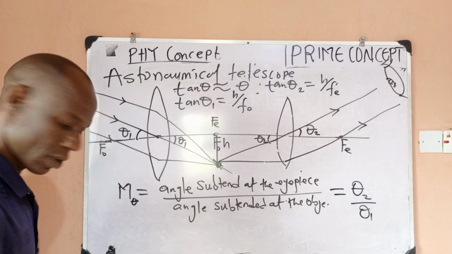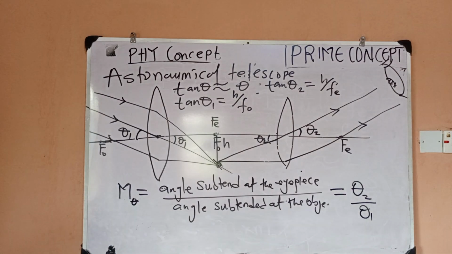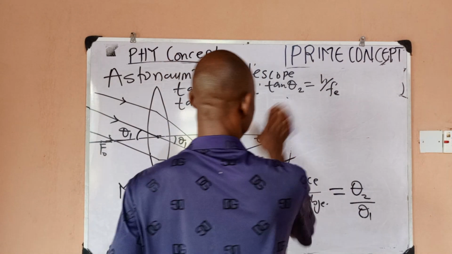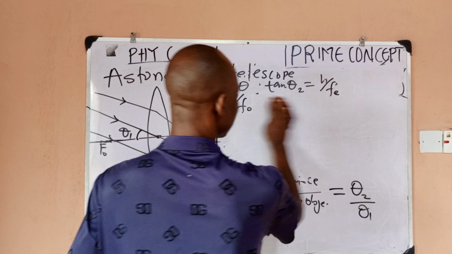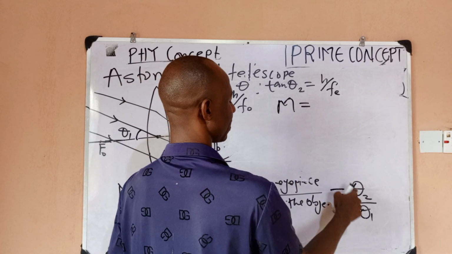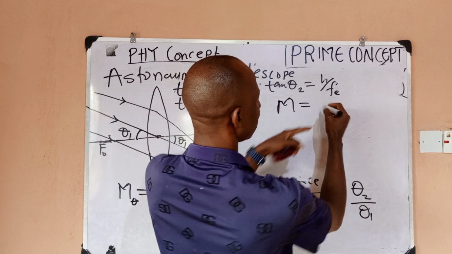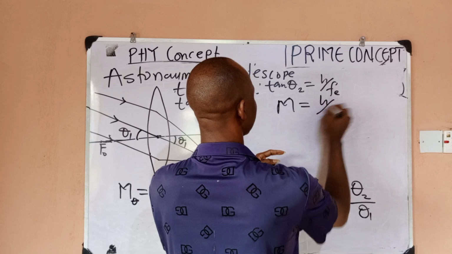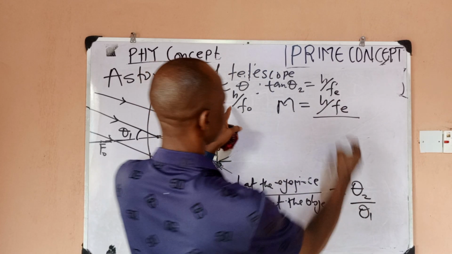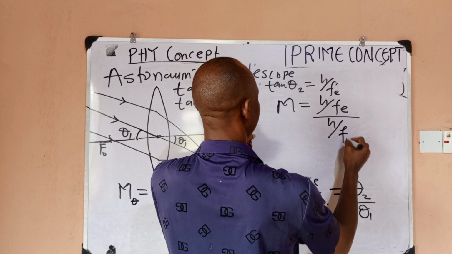I think I'm going to rub the board. It means that I can substitute into my formula for magnification m, which is theta 2 over theta 1. What is theta 2? Theta 2 is simply h over fe, all over theta 1. What is theta 1? It is h over fo.